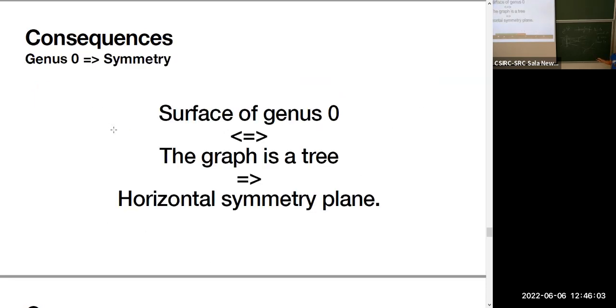So this is another insight why, for a surface of genus 0, the graph must be a tree, then there must be a symmetry plane. In other words, if you want a surface without a symmetry plane, you must have a cycle in the graph.